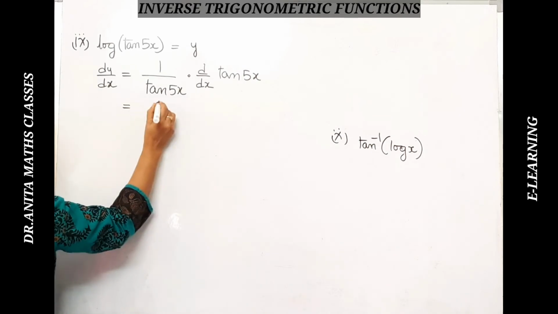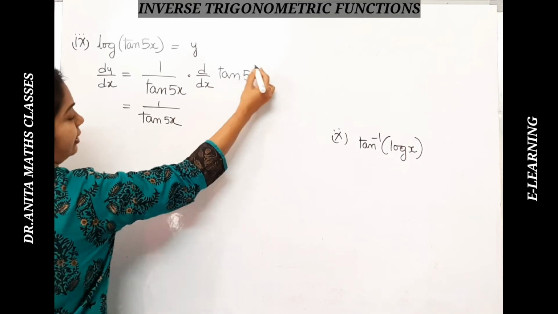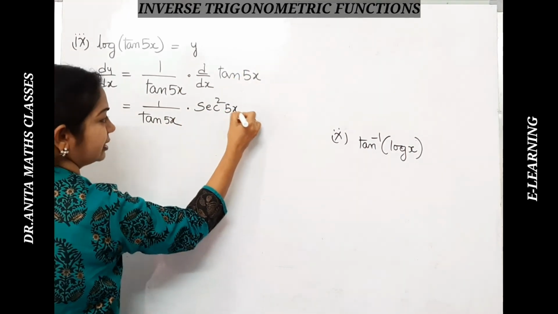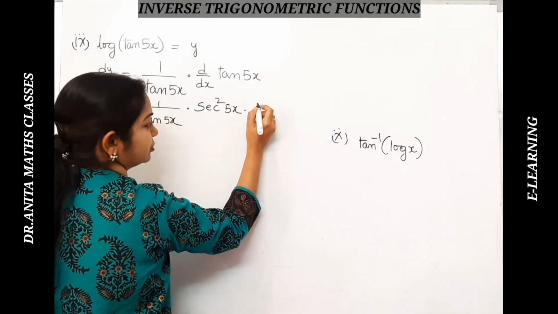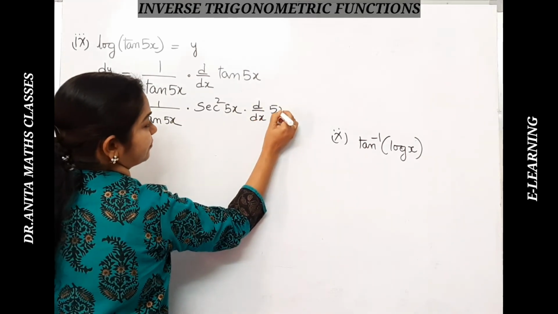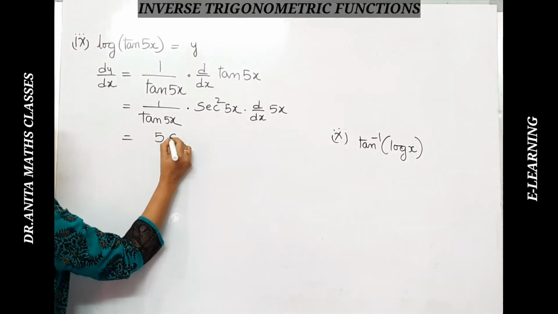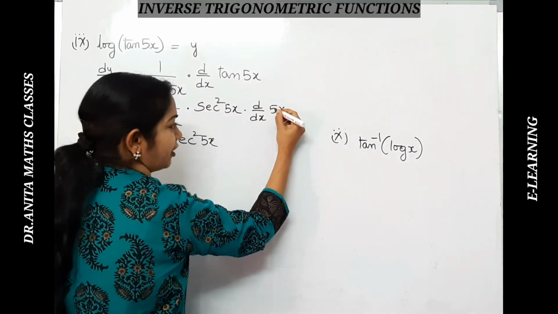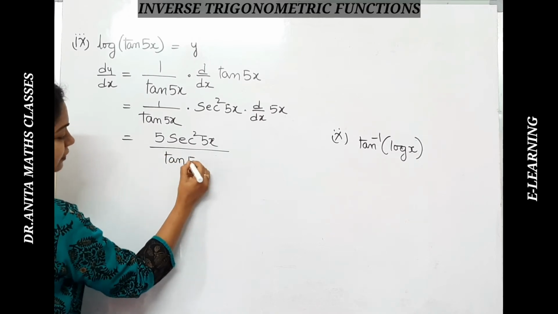So 1 upon tan of 5x, the derivative of tan of 5x is secant square 5x. But here the function is not x, it is 5x, so further we have to do the derivative of 5x, which is 5. So we get 5 secant square 5x divided by tan of 5x.